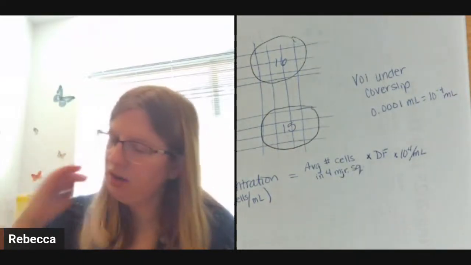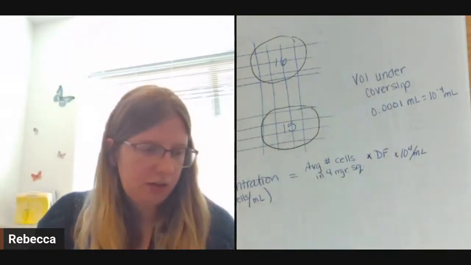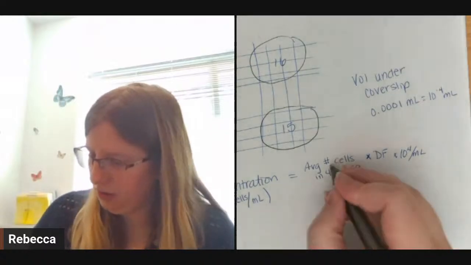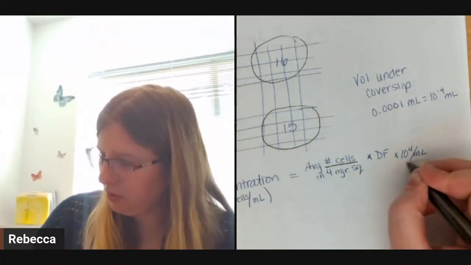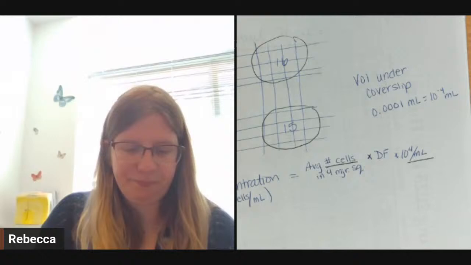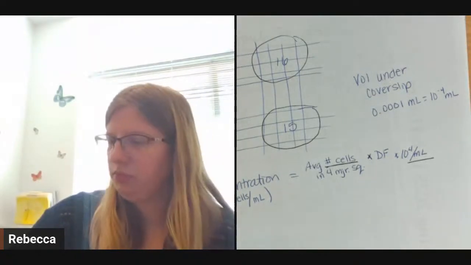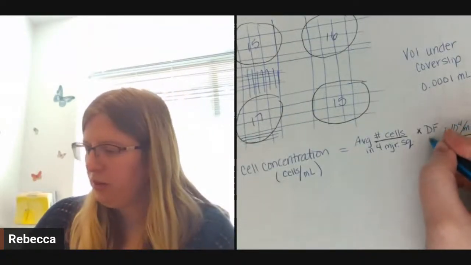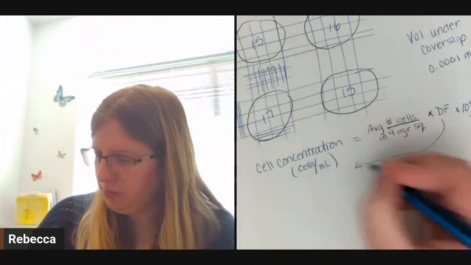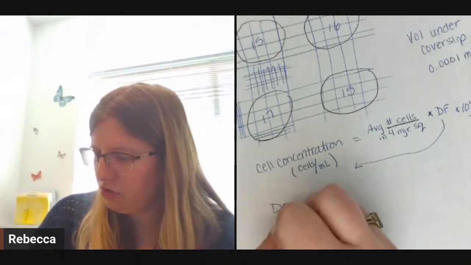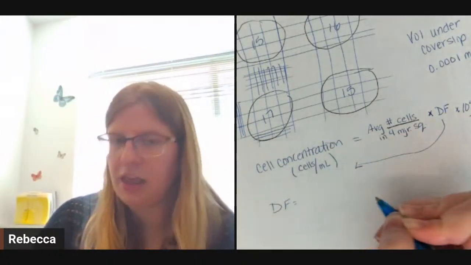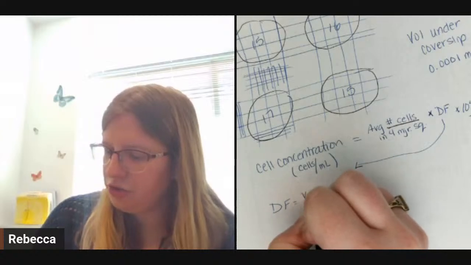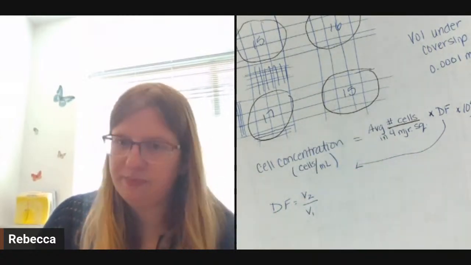And that will create our number of cells per milliliter. So we also talked about this dilution factor. And what is that? We say that the dilution factor is equal to V2 over V1.